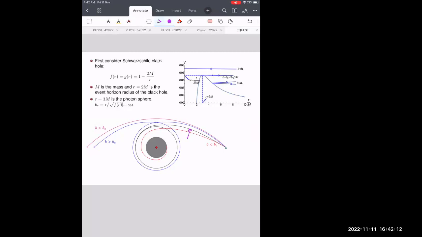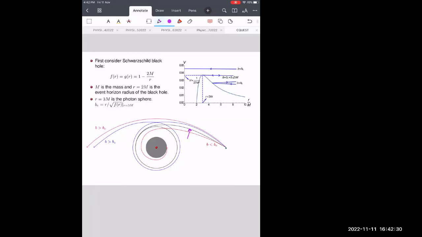So if we have unstable photon orbits on this surface, and if we perturb them a little bit, then those photons will either plunge in or escape to a faraway observer.